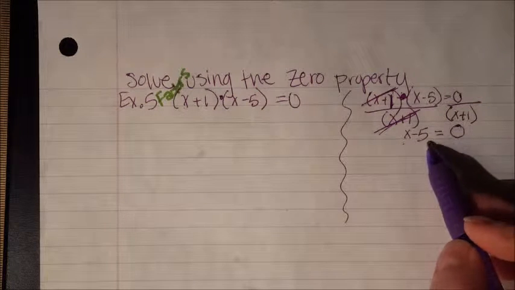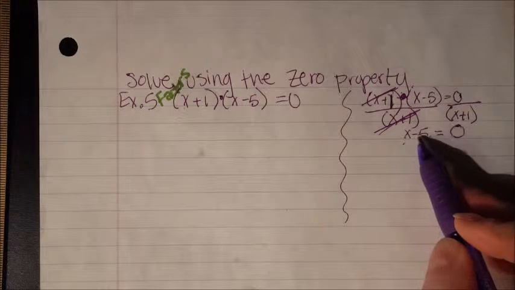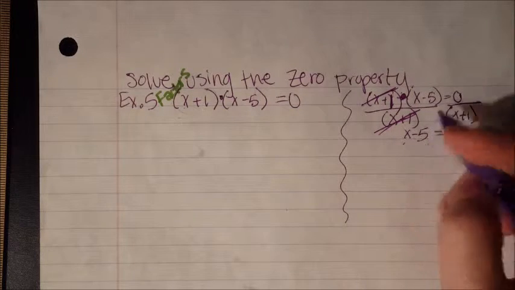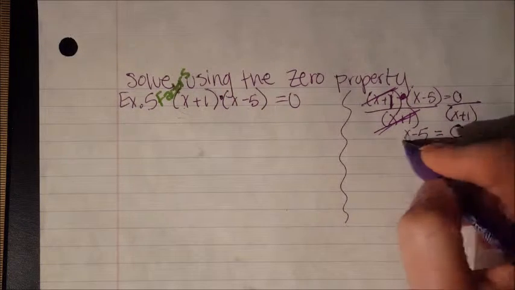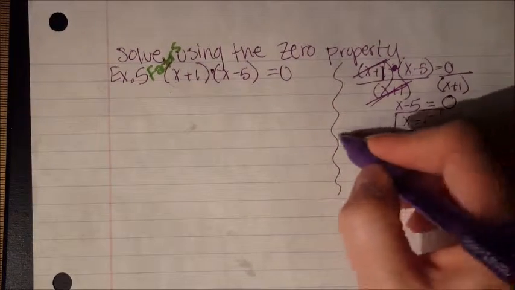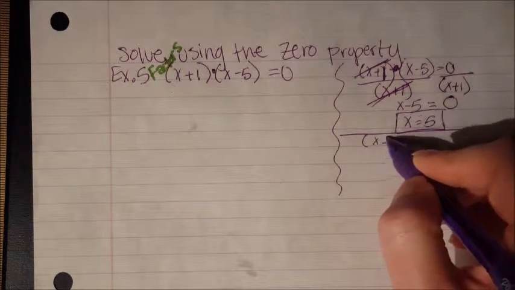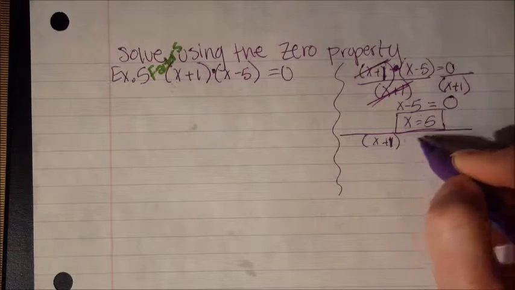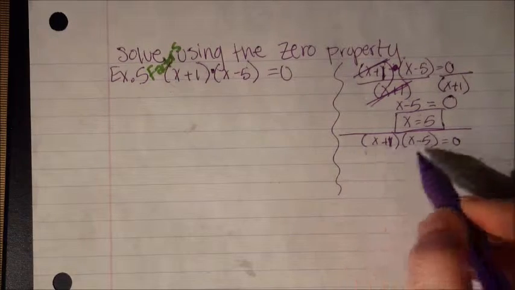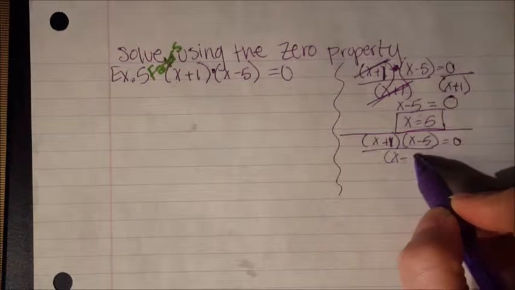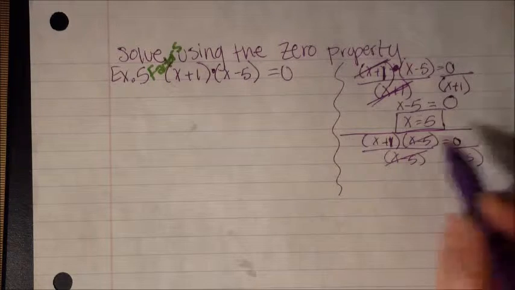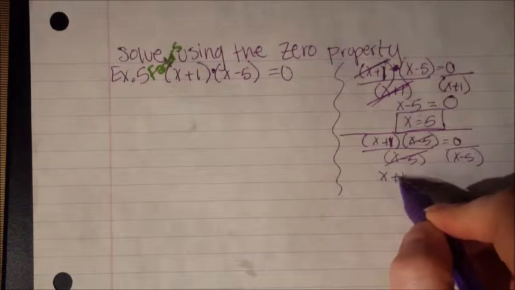So x minus 5 equals 0. What number minus 5 equals 0? That would be positive 5. x equals positive 5. If I decided to instead divide by the other binomial, divide by x minus 5, x plus 1 remains.